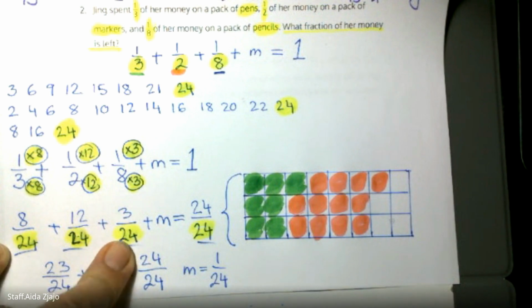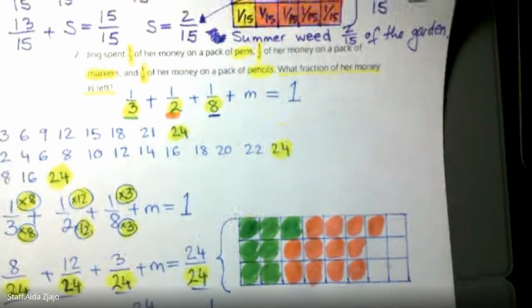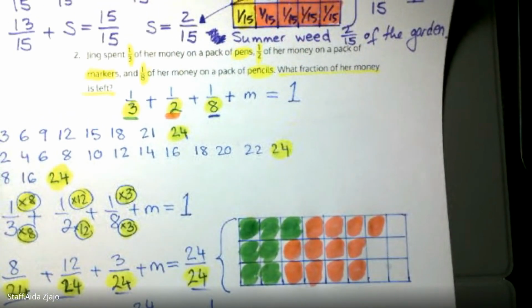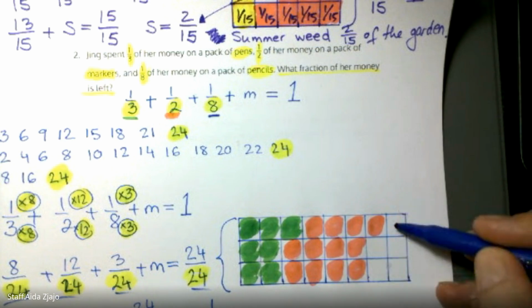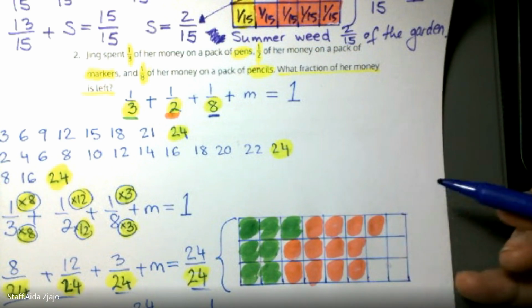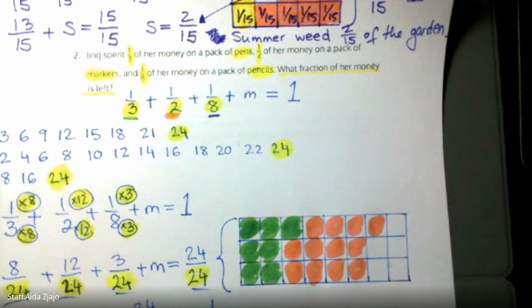So I think I have another highlighter I can use. Let's do this blue one. So this one, 3/8. I'm going to use this. 1, 2, 3.